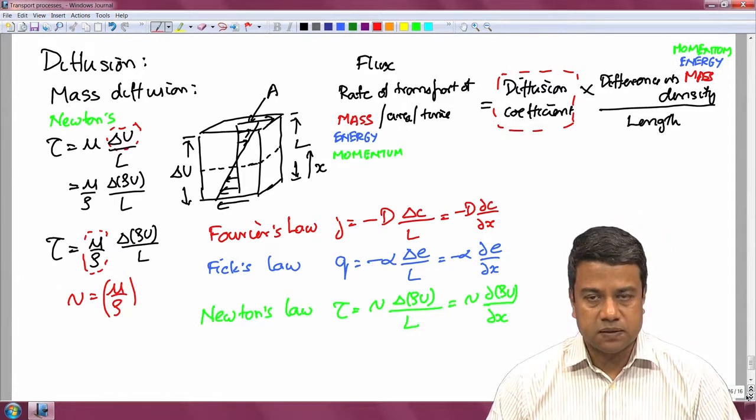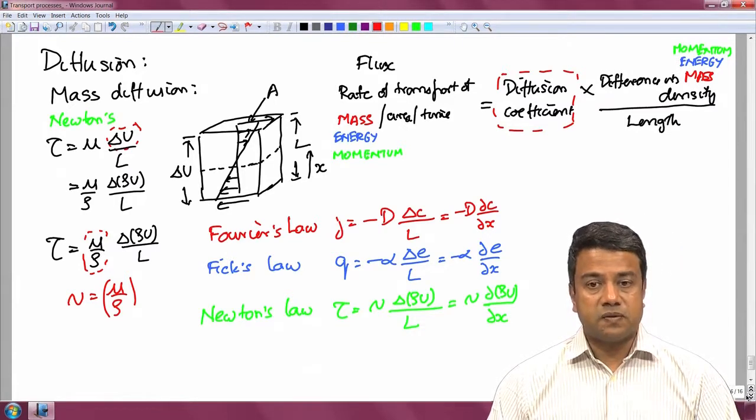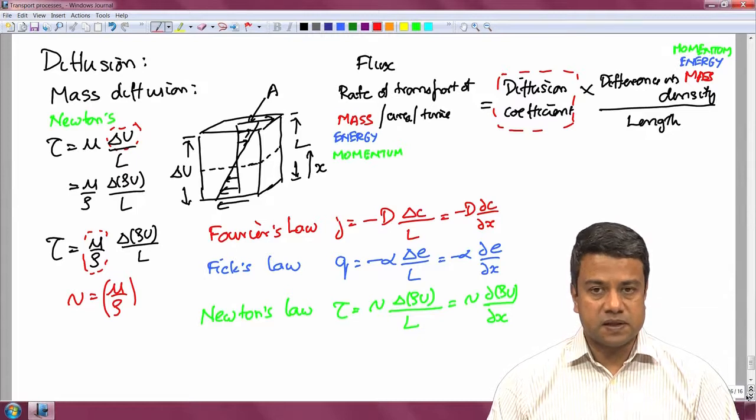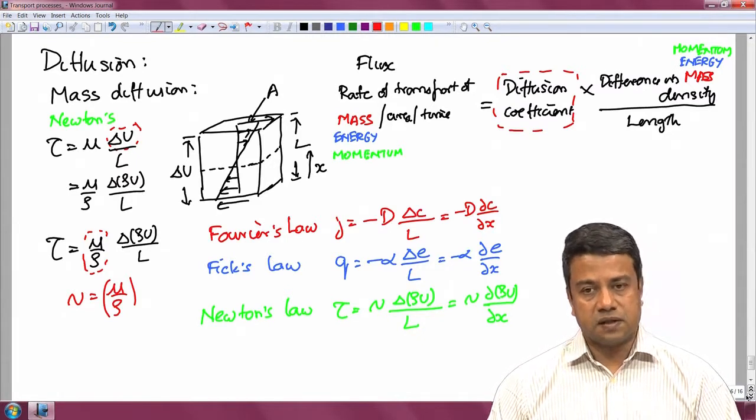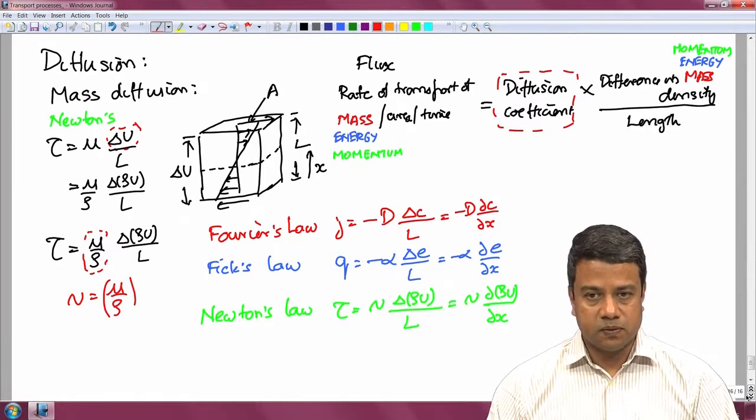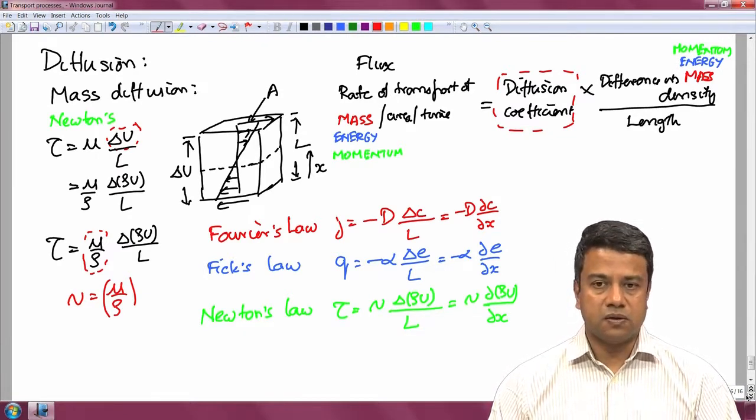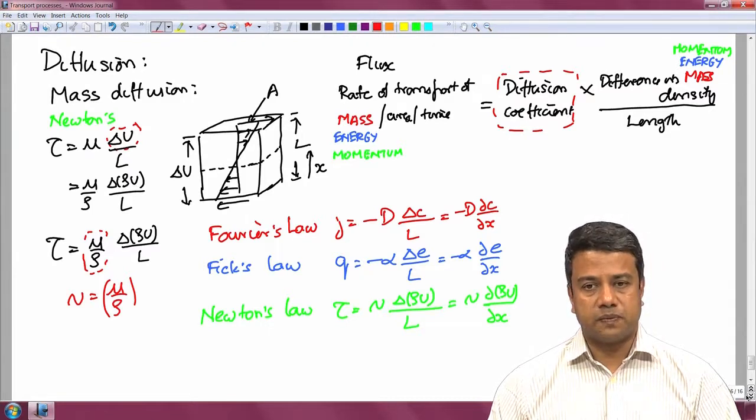There will be a net transport of material only if there is a difference in the concentration or temperature across that surface. If there is no difference, then what goes up will be equal to what comes down due to molecular fluctuations. There will be no net transport.